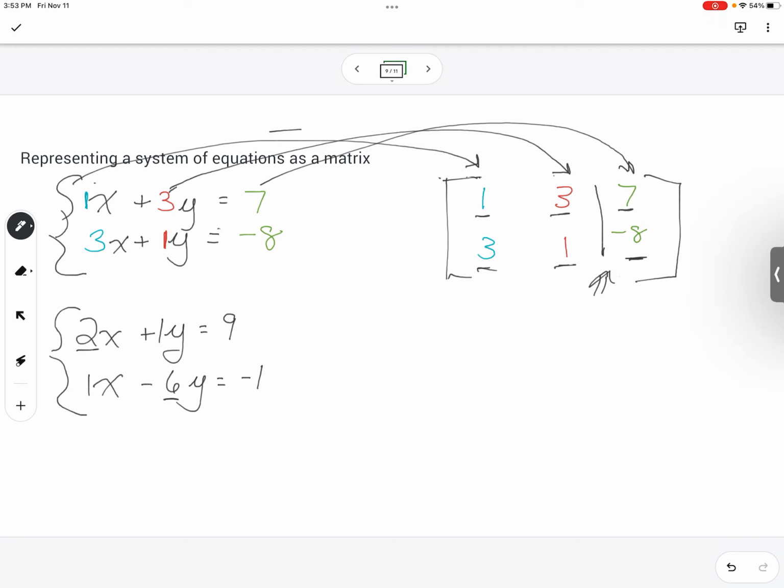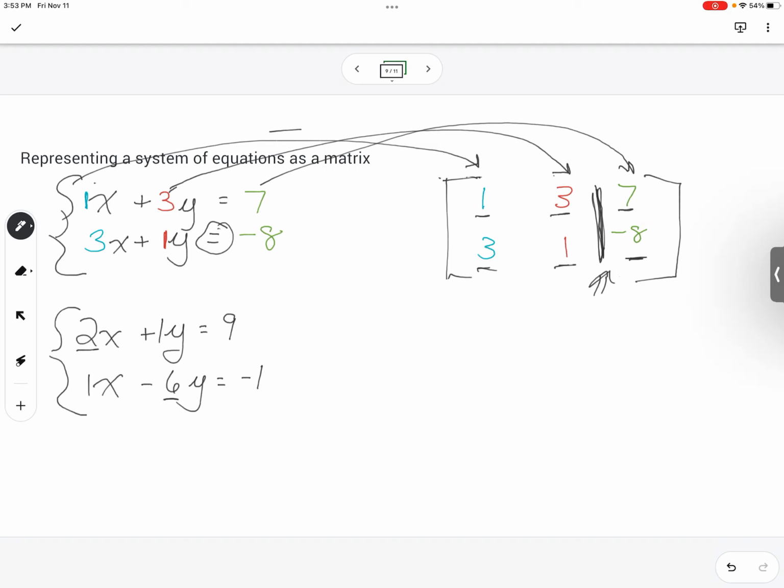This vertical bar replaces the equal sign from the equation. So we lose the variables, we just write the coefficients in the order that they occur. We have an equal to bar, and then whatever number it's equal to on the right.